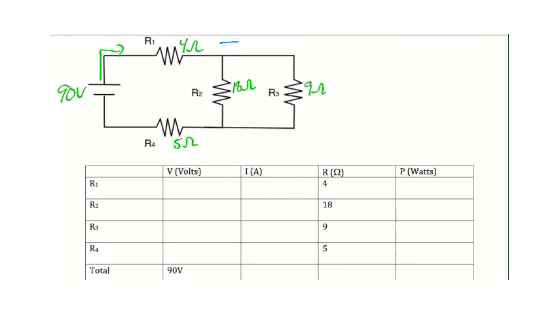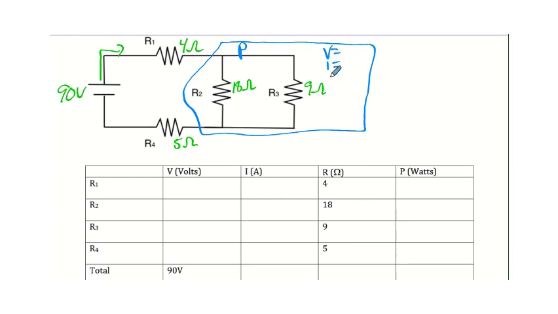So again, I'm going to draw that box around R2 and R3, and we're going to identify their properties. I drew a box around them because they are in parallel. So I put a P in the box so I know that it is a parallel circuit that I am covering up, or at least a parallel element.